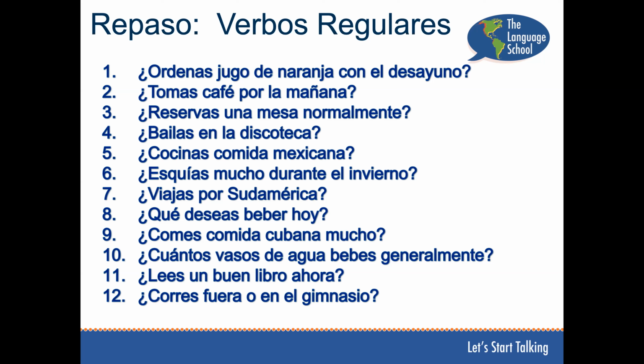Yo creo que 64 onzas, 8 vasos, generalmente. Okay, Sandy to Taina. ¿Lees un buen libro ahora? Sí, yo leo un buen libro. ¿Cuál es el título? La Biblia. Igualmente.